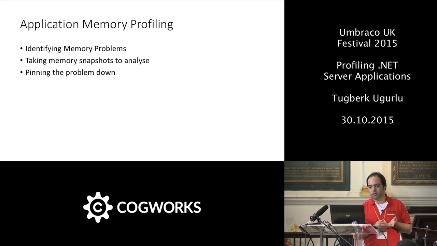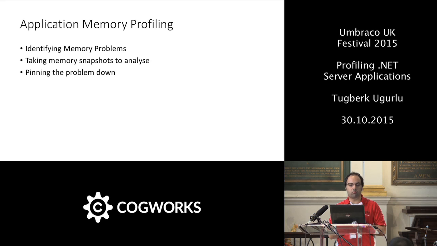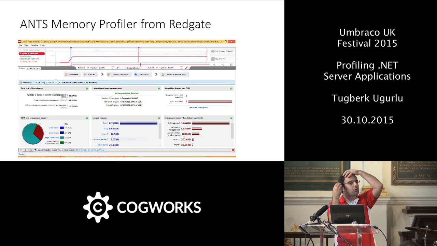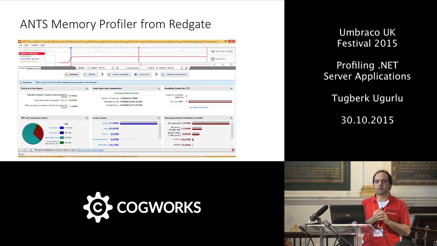So one of them, another tool from Redgate, is the ANTS Performance Profiler, which is an awesome tool to use. Have you guys ever used WinDbg? Okay, one person. Probably you know how its interface is, right? If you use WinDbg, you will start to realize that your brain is going to melt, and you can see it by looking at the mirror, and then you cannot sleep that night.